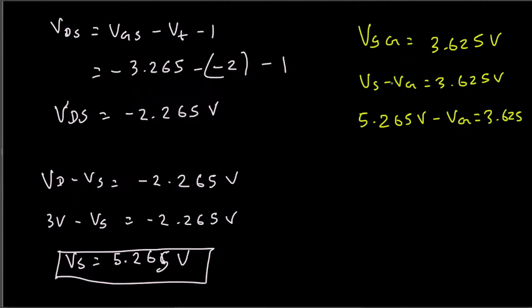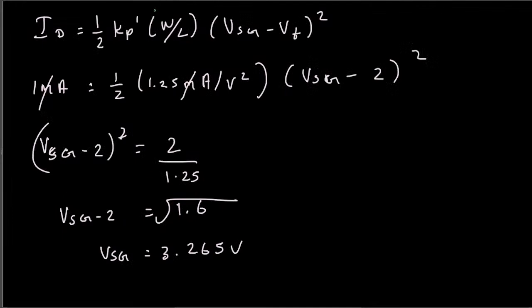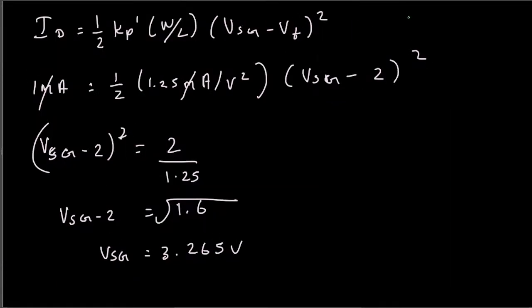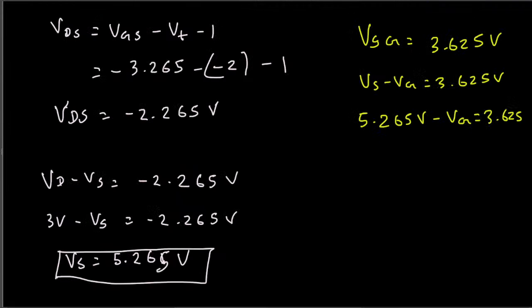Wait a minute, 3.625 or 265. Okay, so VG comes out to be 2 volts.